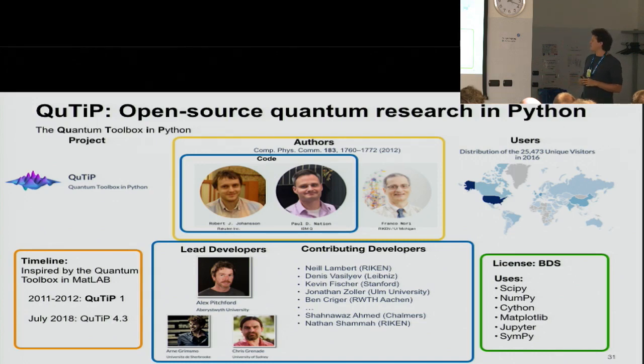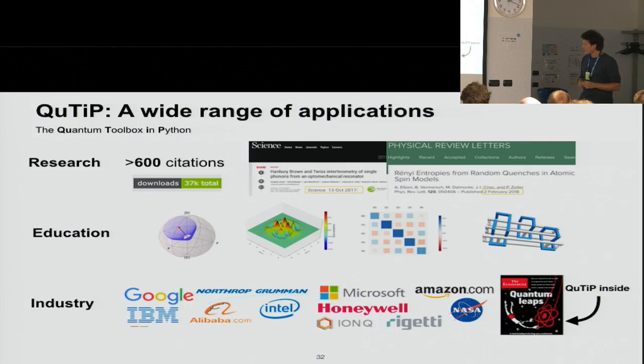It uses the BSD license, and it builds upon SciPy, NumPy, Cython, Matplotlib, and all of the other recent tools that have been developed in the Python ecosystem. As I said, it is used in research, in education, also thanks to its visualization tools, and in industry by the same corporations and startups that are developing quantum hardware.